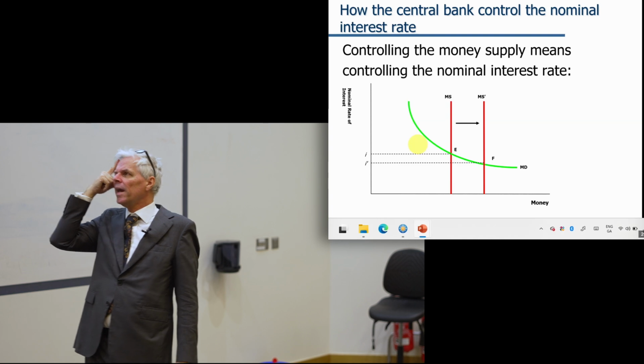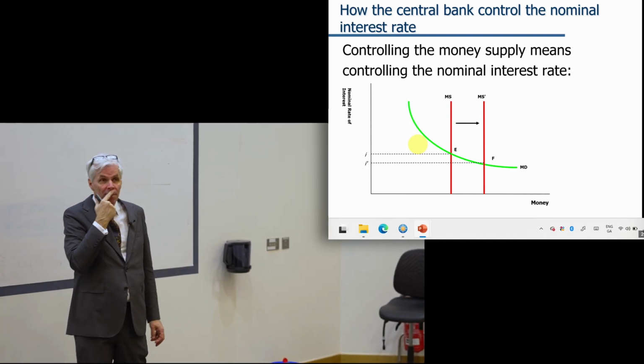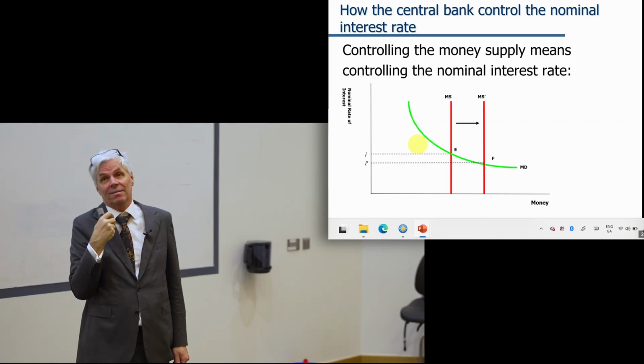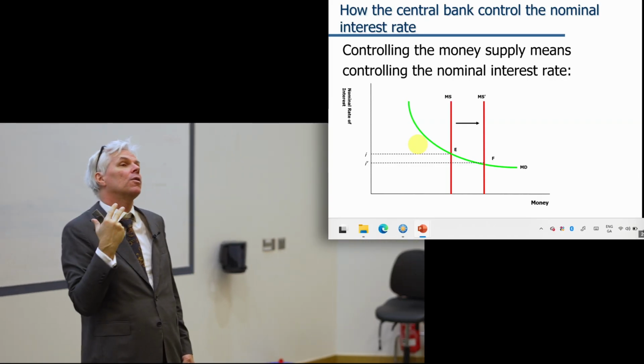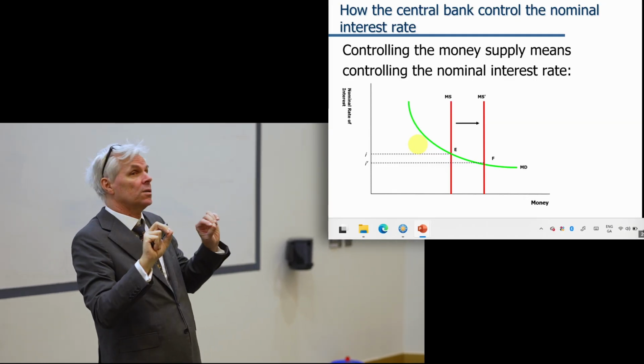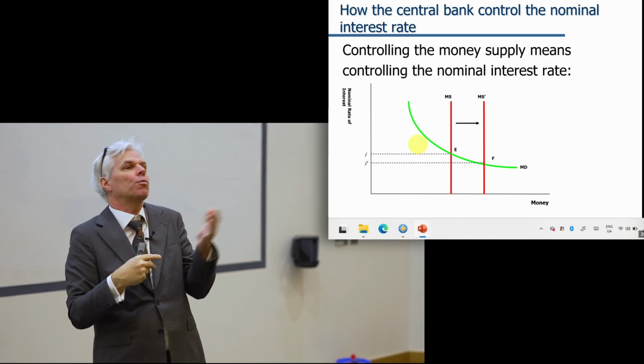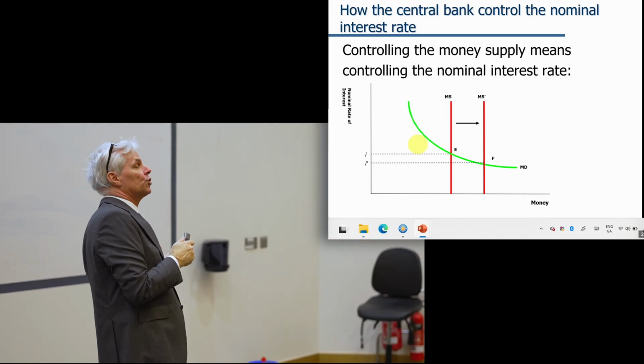One other thing to point out is that we have been ignoring prices here. And prices are going to be important. They are important, but they're not in the model yet. Right? Remember, we have so far a model where we have preset prices. So prices are fixed. And so we didn't have to worry about the price level because it's not changing in our story.